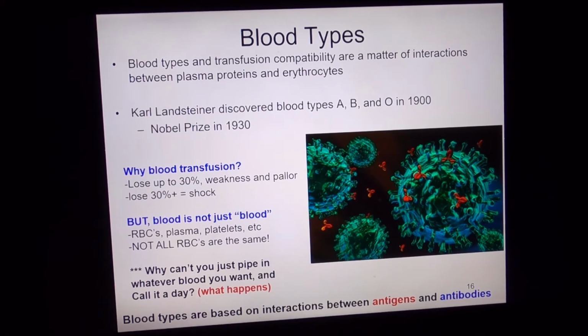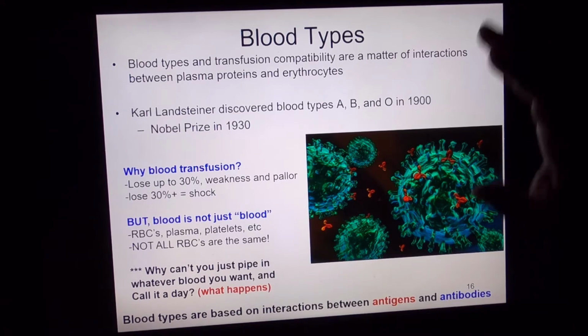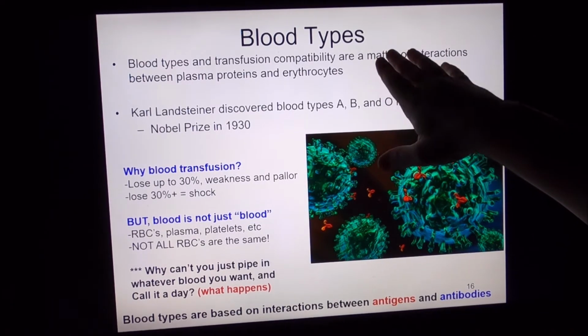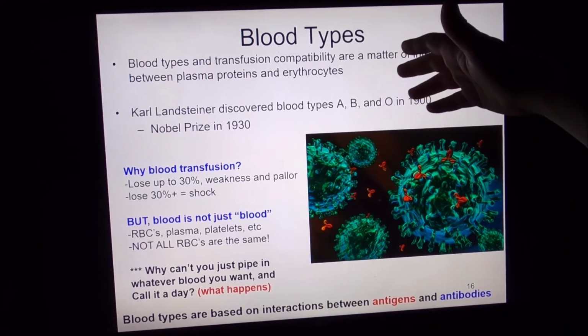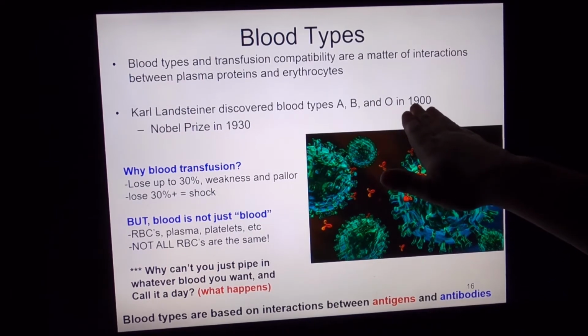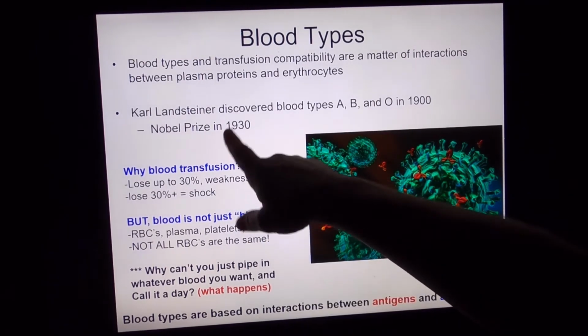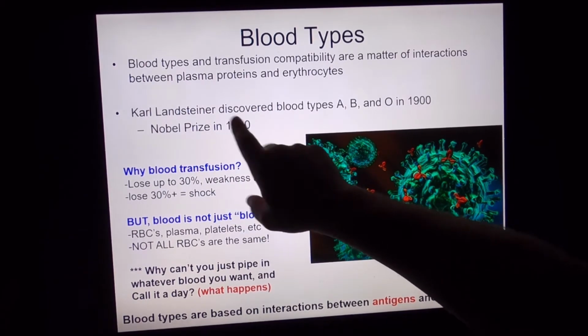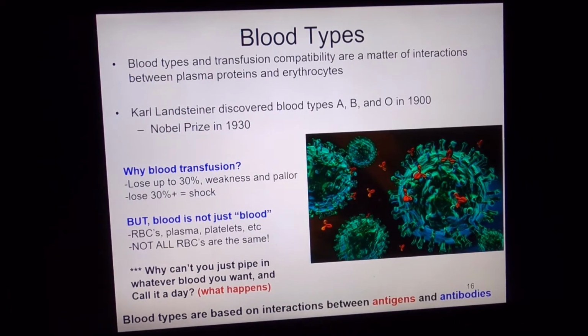So blood types are important because this plays into the concept of transfusions, plays into the concept of doing transplantation of organs. We didn't always know about blood types, and that obviously gave rise to some problems in the past, but this really was discovered around 1900, and the guy that made the discovery was given a Nobel Prize in the 30s, so that's great.